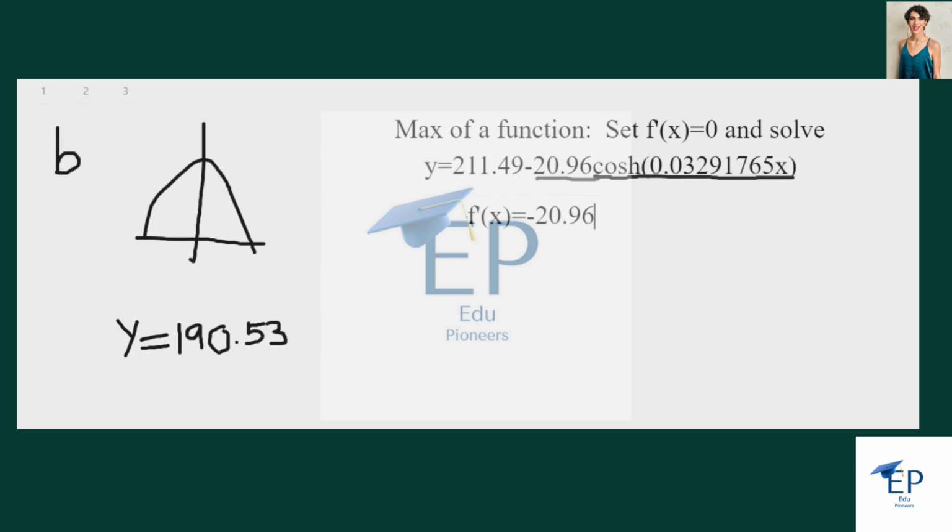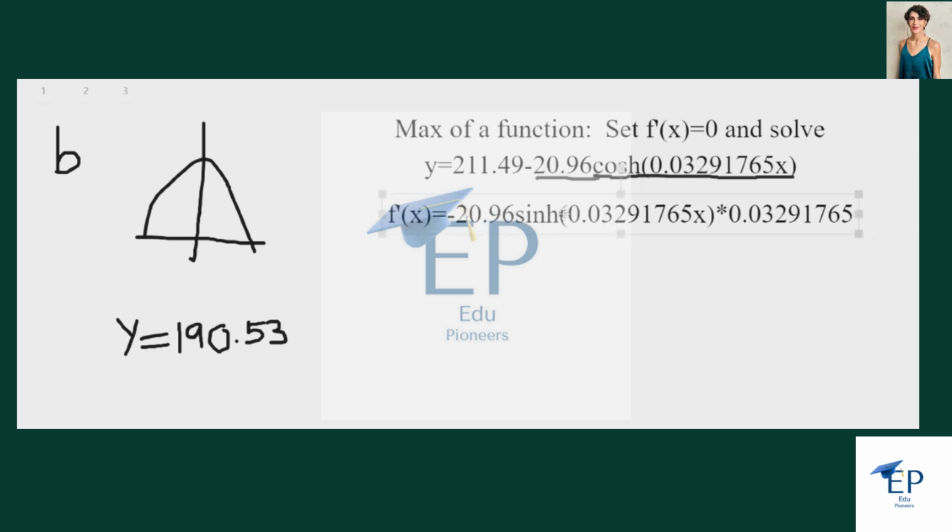The derivative of cosine hyperbolic is sine hyperbolic. Keep the inside the same here, and multiply by the derivative of the inside, which is 0.0329, which is this right here. So now we can simplify this to help us find our max.